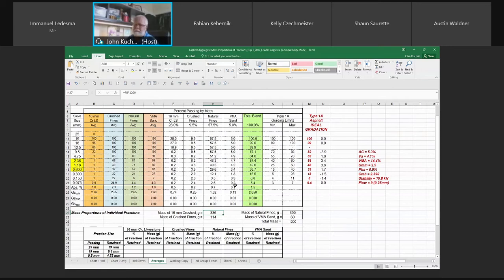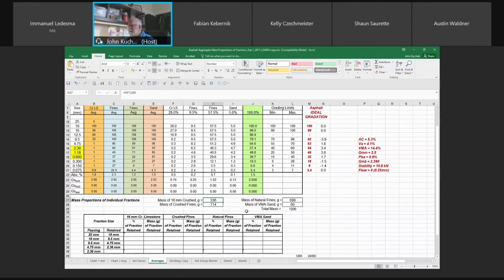Now we physically have to take the individual aggregates and separate them into various fractions. When we mean fractions, we mean passing one sieve, retained on another. Then we're physically going to weigh out individual amounts of each of those fractions for each of the four materials, and we blend it back.